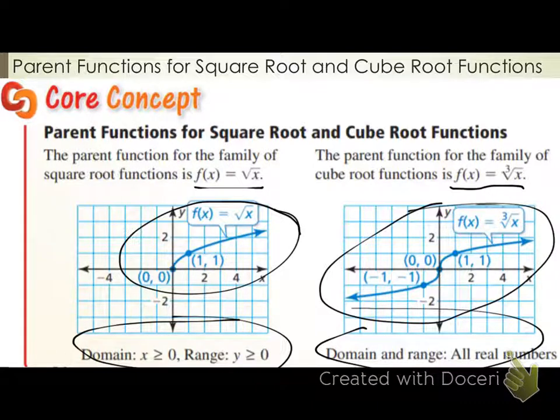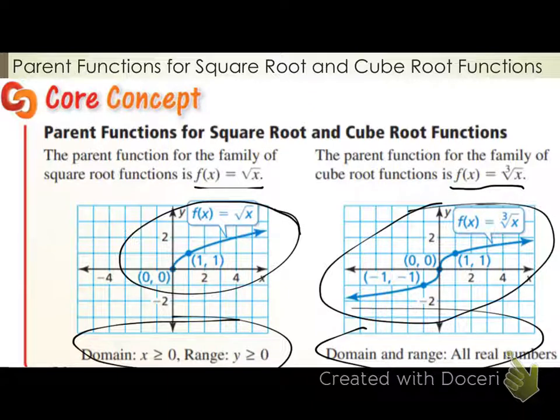Can I take the cube root of a negative number? I can. What's the cube root of negative 8? Not 2. Negative 2. Negative 2 is the only thing that when I multiply it by itself, times itself, I get negative 8. Negative 2 times negative 2 is positive 4. Positive 4 times negative 2 is negative 8.